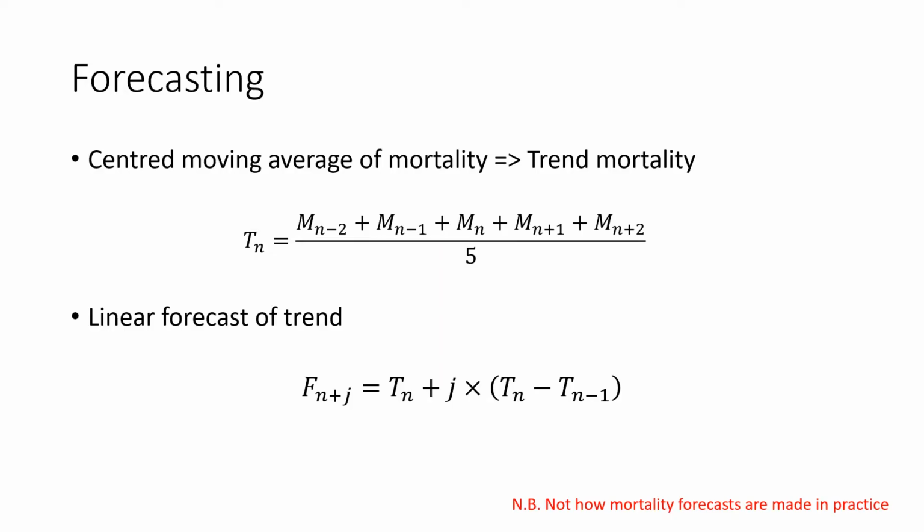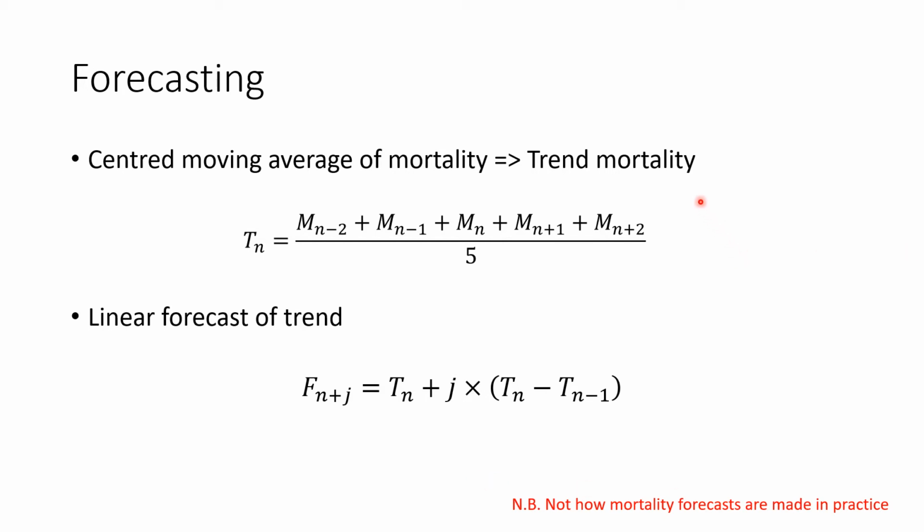So I'm going to put in a trend, a mortality forecast, and we should note that mortality forecasts are not made in the way above. In the simple way I'm going to show, there are some quite complex methods to calculate mortality forecasts, and one can look those up in the literature.